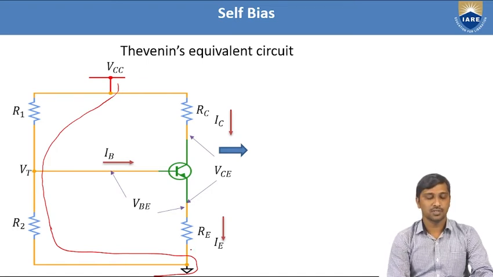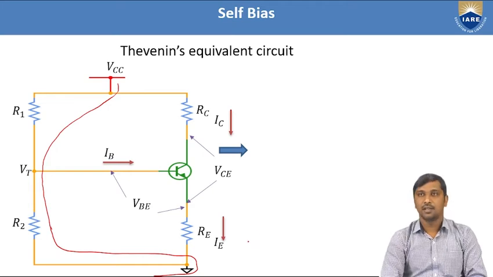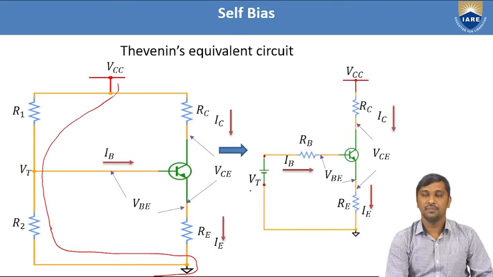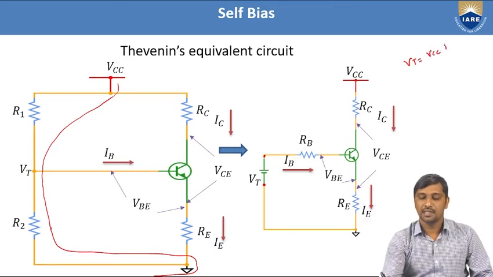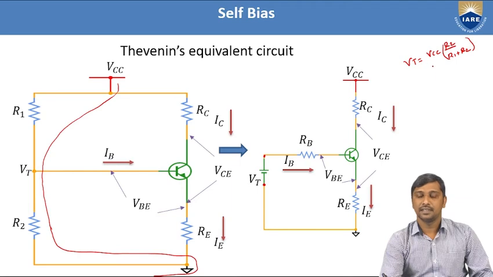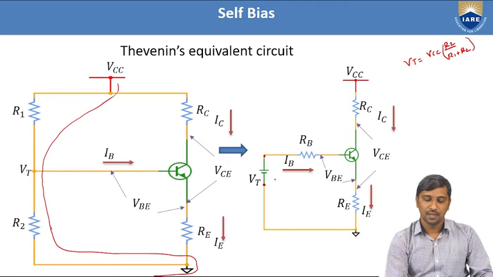Hence, the input side source is represented as a voltage source VT, where VT is VCC times R2 by R1 plus R2. You should remember that in a self bias, the Thevenin's equivalent voltage in terms of the biasing components and sources is VCC times R2 by R1 plus R2.